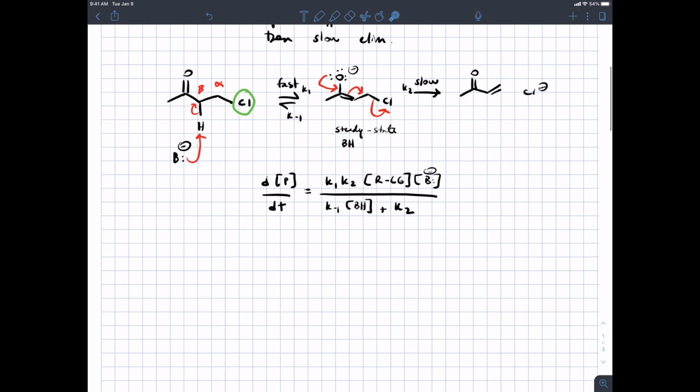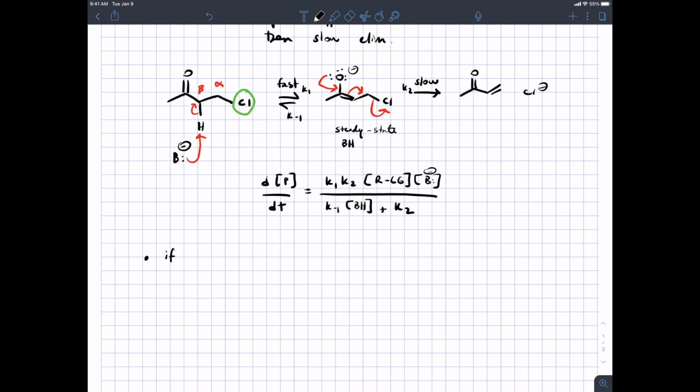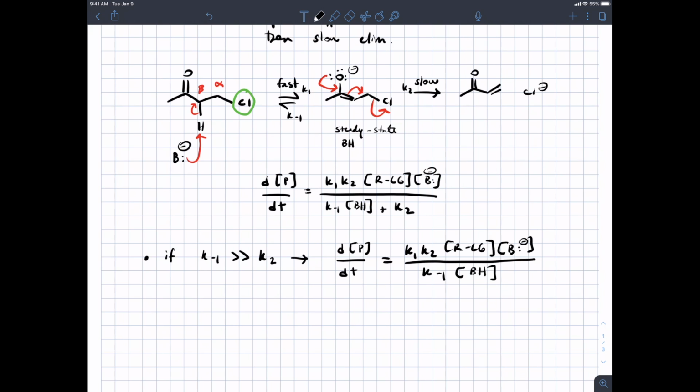As an example, if k minus 1 is much greater than k2, then you can simplify our expression, getting rid of the k2 term in the denominator, and then having just k minus 1 and BH in the denominator.